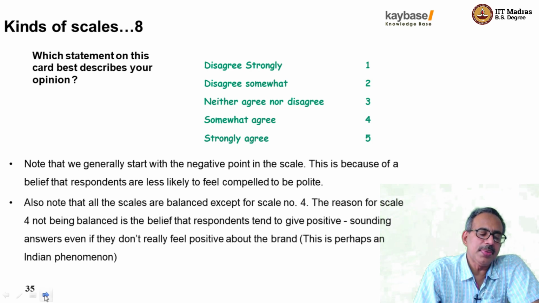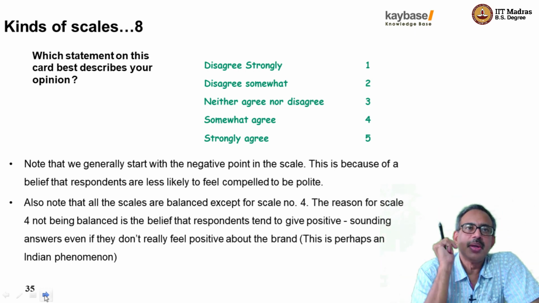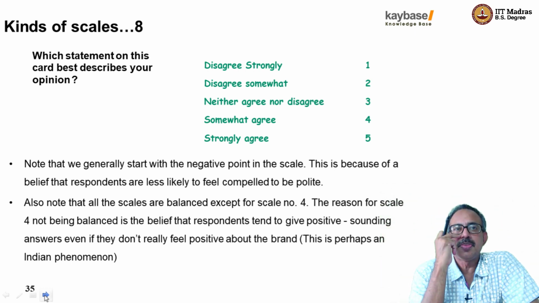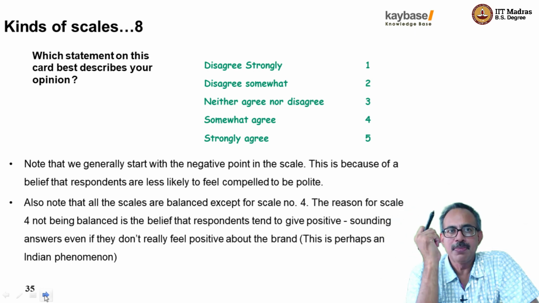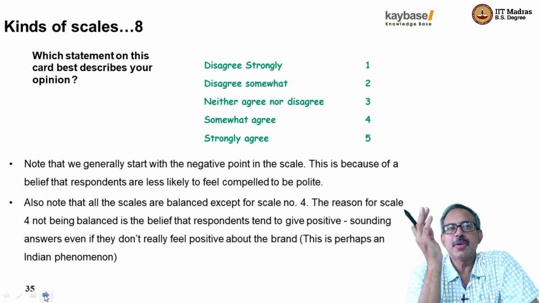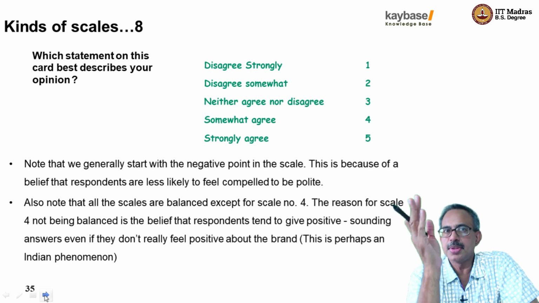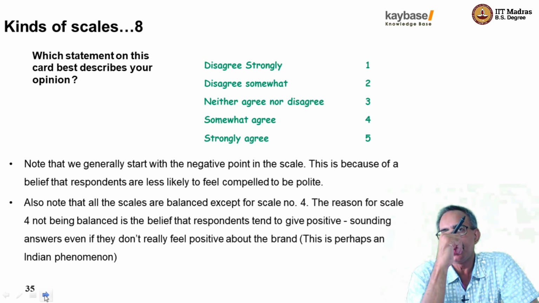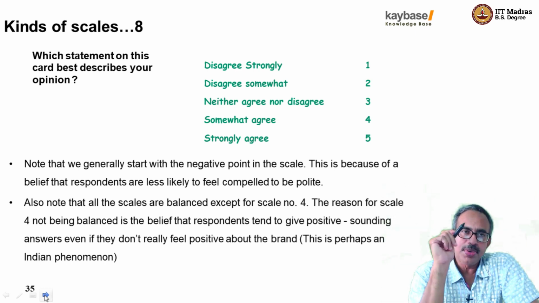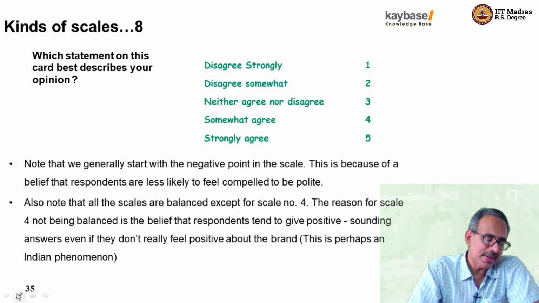Very often in the questionnaire, we have some statements. We say this brand is a good brand. Let's say it studies customer satisfaction for the bank. So there'll be a statement like, the bank offers very good service. Do you agree with that statement? The people in the bank are very polite with me. Do you agree with the statement? We'll have questions like that. For those questions, the scale will be an agree-disagree scale.